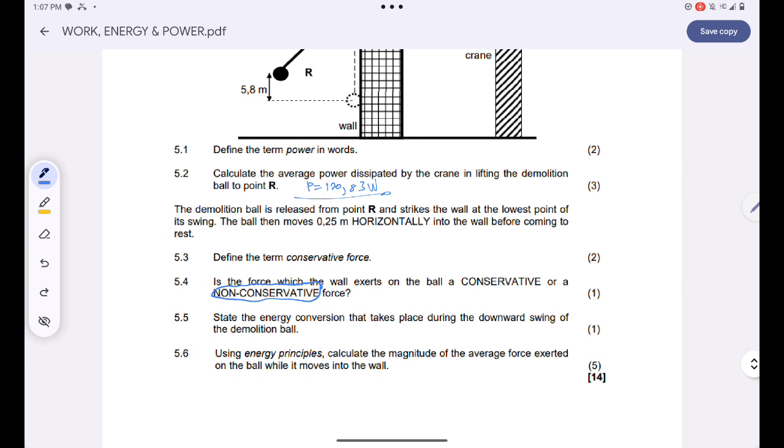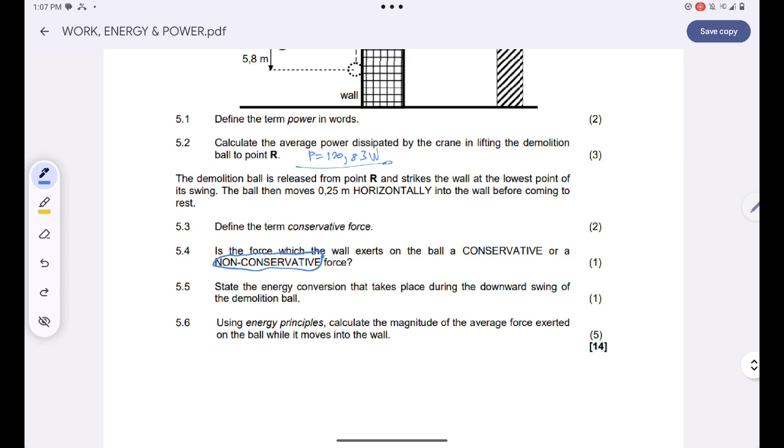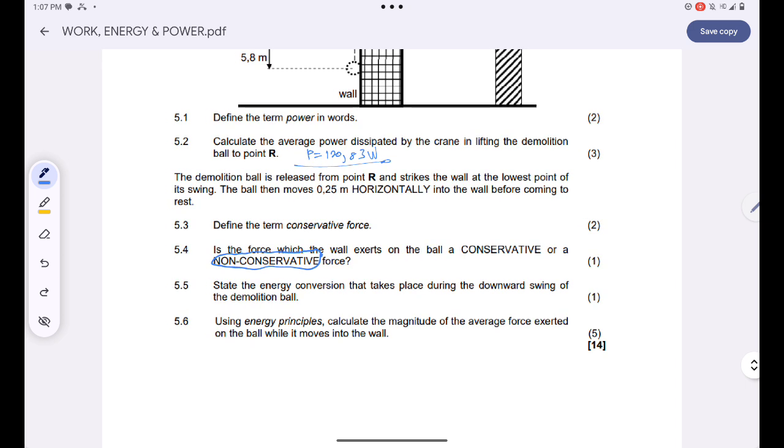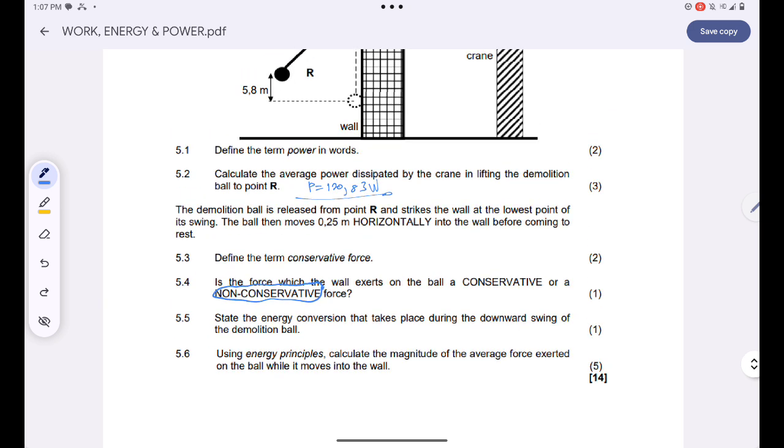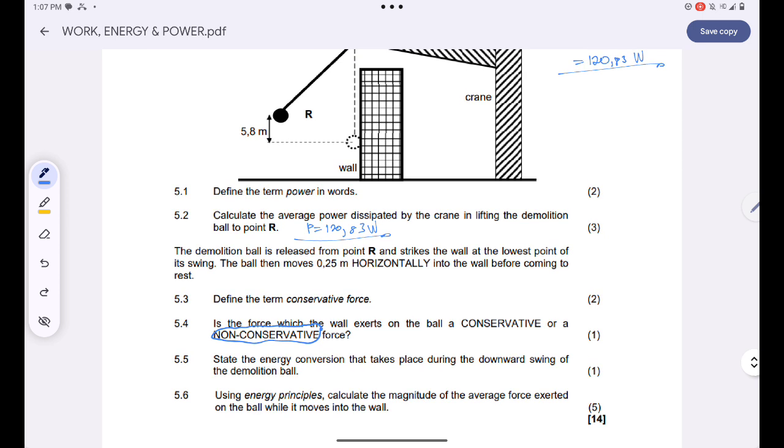Now I'm supposed to use energy principles to calculate the magnitude of the average force exerted on the ball while it moves into the wall. Remember, guys, the energy conversion that takes place is potential energy to kinetic energy.